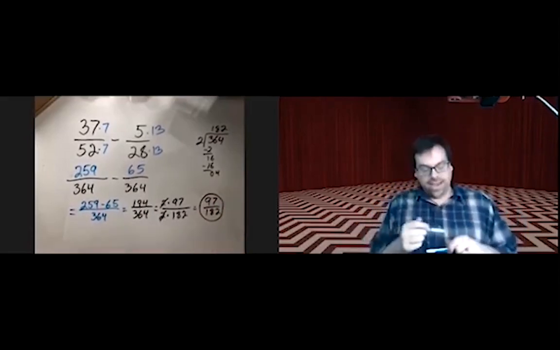Okay, so now you know how to add and subtract fractions. Let's kick it up a notch. 5/8 minus 1/3 minus 1/12. We need the LCD of all three fractions of 8, 3, and 12.